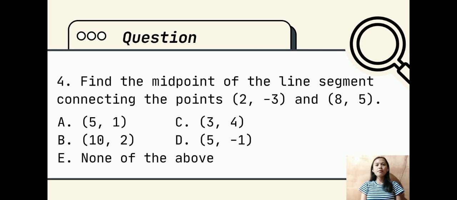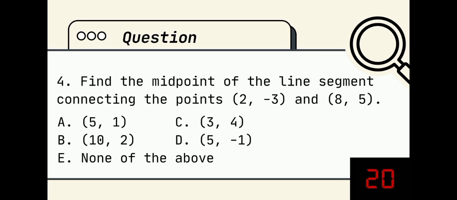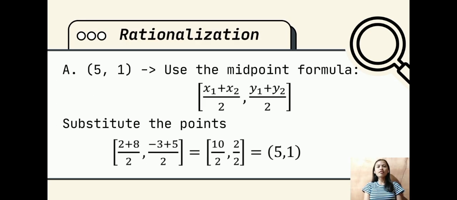A. (5, 1), B. (10, 2), C. (3, 4), D. (5, -1), E. None of the above. The correct answer is letter A, (5, 1).